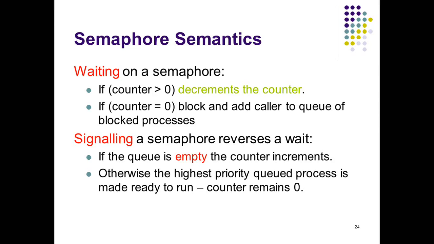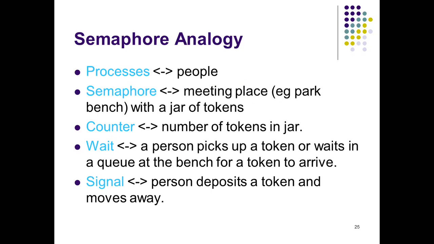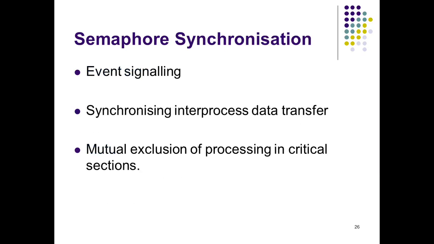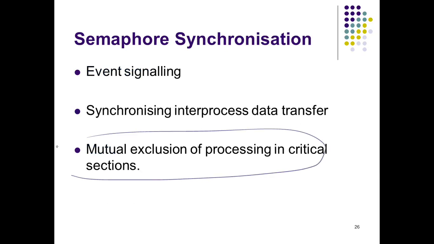Right, so this is all rather straightforward. There's an analogy with my water bottle analogy here. So how can we use it for signaling? We've talked about it being key for critical sections. Whoever has the semaphore has access to a critical section. How can it be used for signaling?